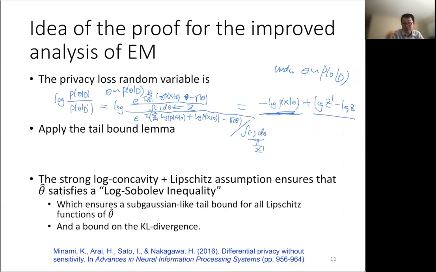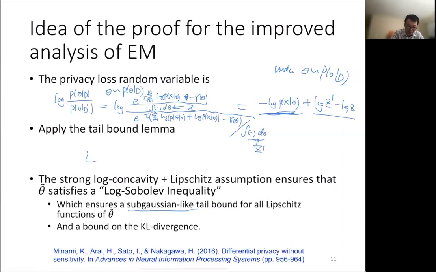By instantiating this log Sobolev inequality using different arbitrary constants, arbitrary functions, this technique simultaneously gives us a tail bound of the privacy loss random variable that is sub-Gaussian-like, and it also gives us a bound of the KL divergence.